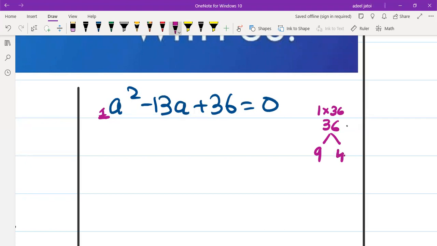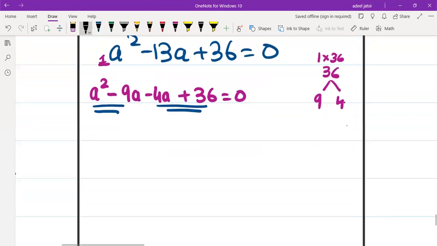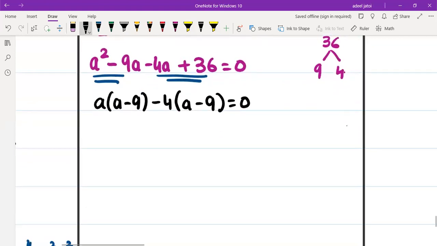But the sign here is negative, so we write it as a squared minus 9a minus 4a plus 36 is equal to 0. We get two factors: a minus 4 is one factor, a minus 9 is the other factor.